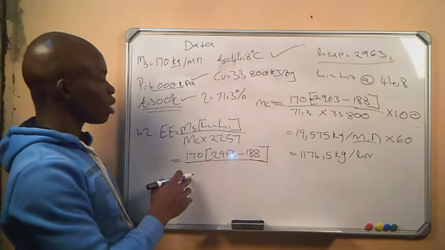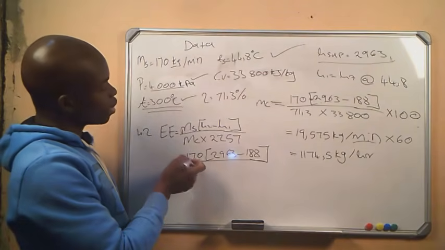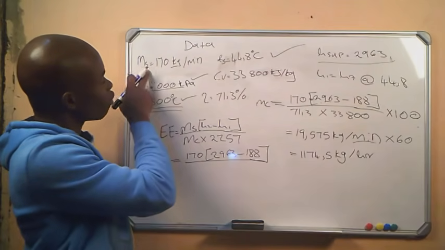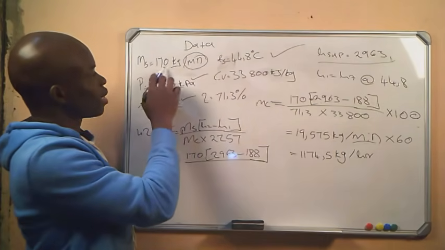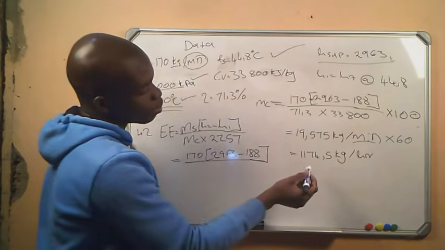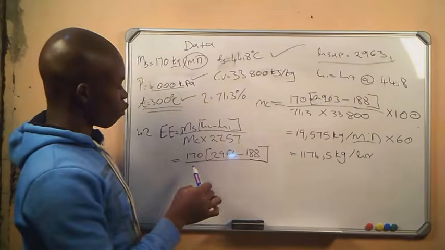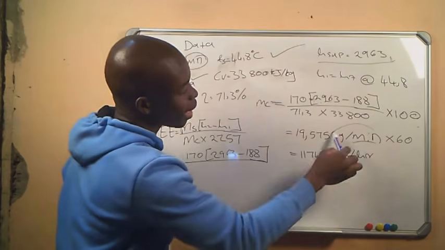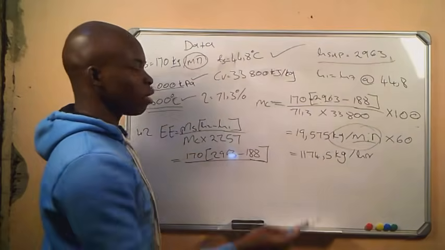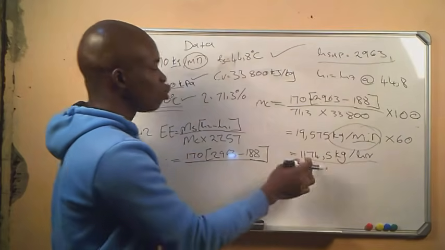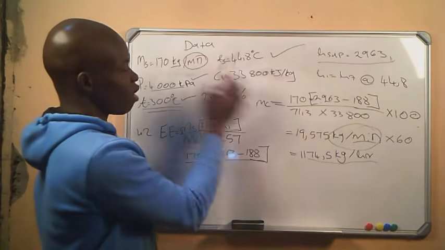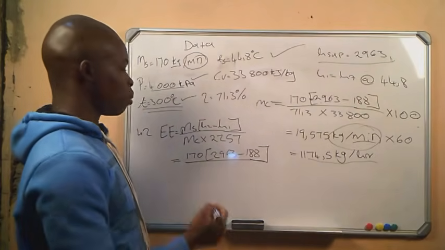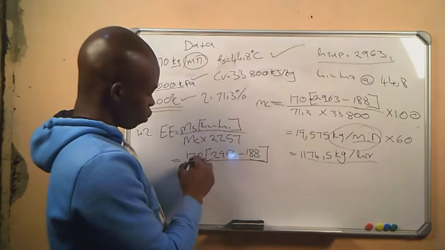Because I have used the mass of steam in kg per minute, we must also use the mass of coal in kg per minute. You can also use the other value, but you will have to turn it into kg per hour. But since we have both values in kg per minute, let's just use this one.